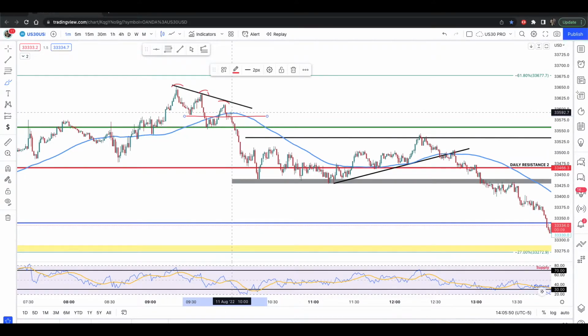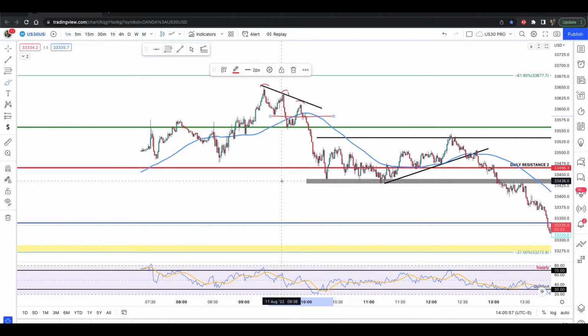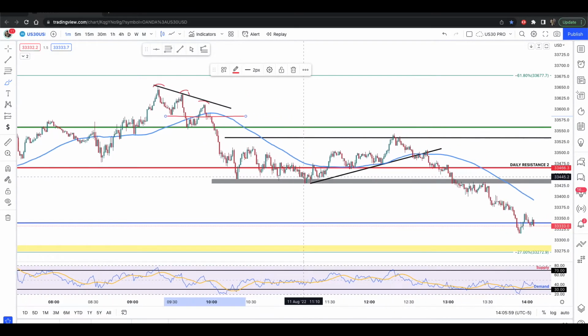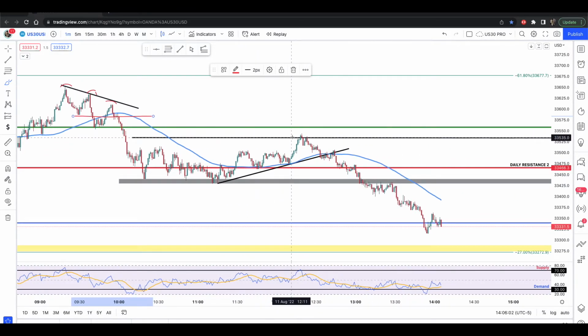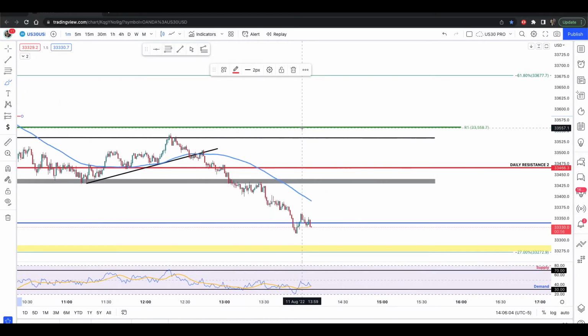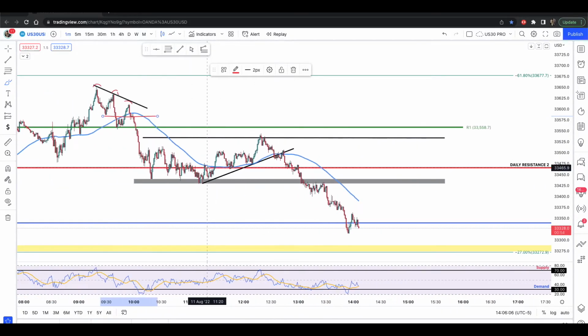We came back, retested, broke that support around resistance level, started taking positions, and around here we start to see a little bit of retracement for that resistance level being retested and continued structure.